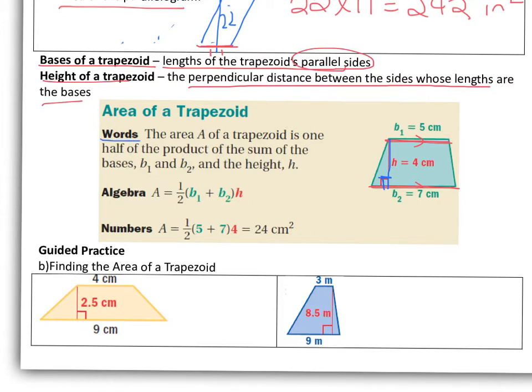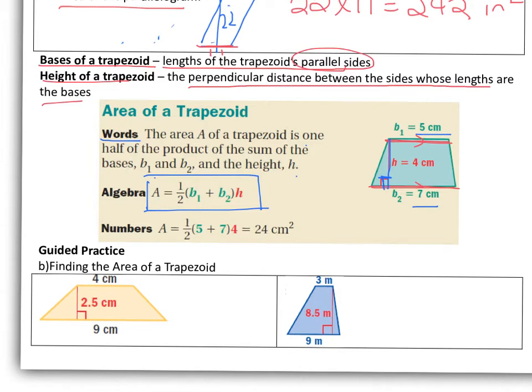In words, the area of the trapezoid is 1/2 of the product of the sum of the bases, base 1 and base 2, and the height, h. In algebraic terms, we have this. So I have a trapezoid, and the bases are 7 and 5.